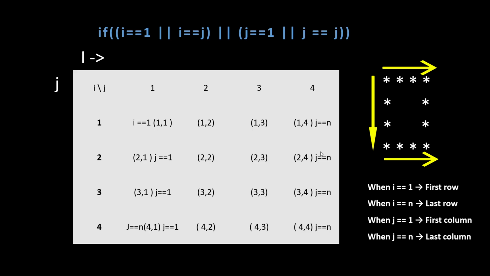As you can see there, we have 4, 4, 4, 4, which means the last iteration is 4 and n is equal to 4. That is why the condition is when j is equal to n, the last column will print the star. That is the logic behind this.